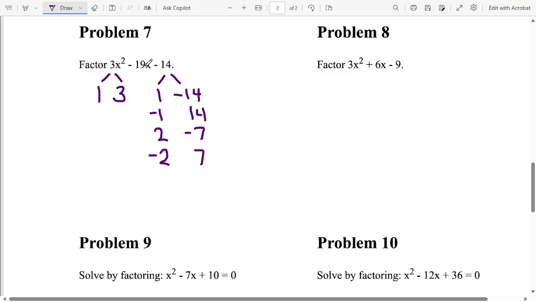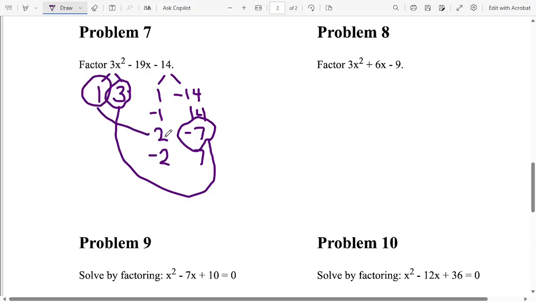I want to get these to add to negative 21. So if I do 3 and I multiply that by negative 7, that gives me negative 21. And then I have to do 1 times 2, that gives me positive 2. Negative 21 plus positive 2 is negative 19, which is the number we want.